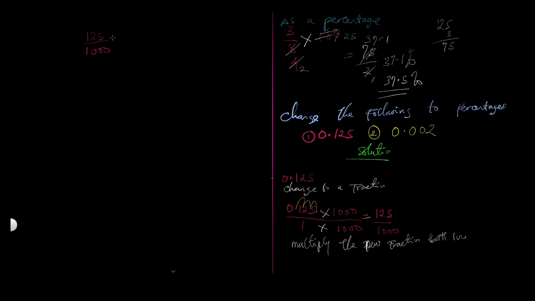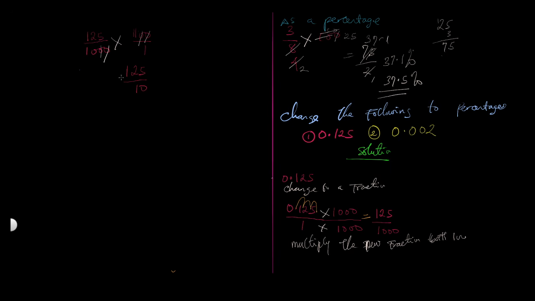So we are multiplying with 100 from the instruction, that's to have the percentage, all over 1. Let me write it properly, 100 all over 1. When you are cancelling this kind of fraction, last 0 cancels last 0, last 0 cancels last 0, and what you are left with is 125 all over 10.